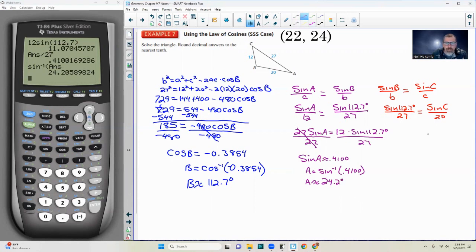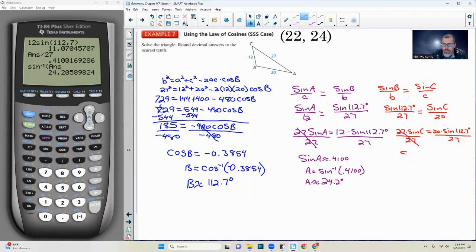Now, finally, we're going to find angle C. Same way. So it's going to be 27 times the sine of C equals 20 times the sine of 112.7 degrees. Divide by 27, divide by 27.